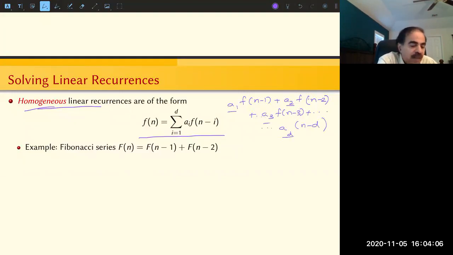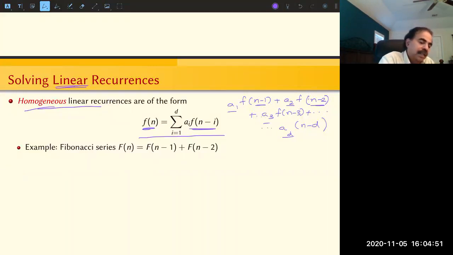Okay, so why this form? The main point is that these are linear. I'm sorry, I misspoke. So let me state what is the linear and what is the homogeneous. The linear part is that f of n is dependent upon some f of n minus something, right?